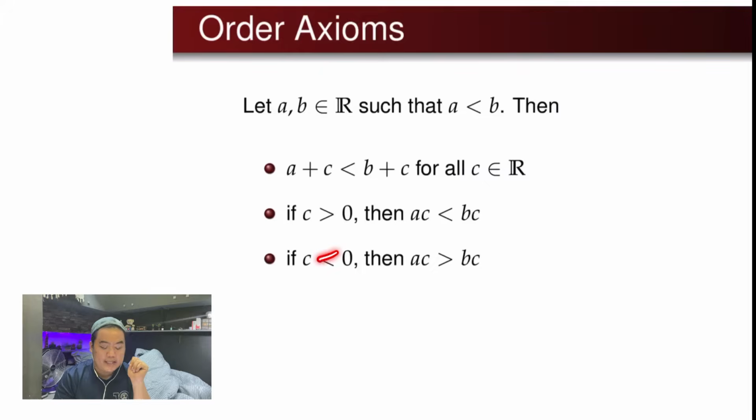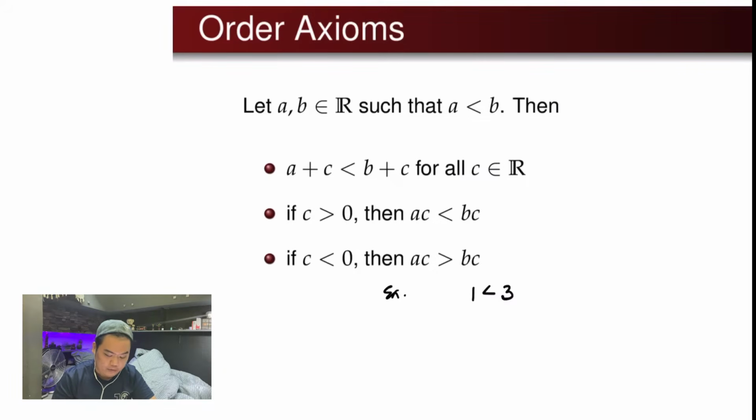So, dito yung medyo magkakaiba. If C is negative, and you multiply both sides by that number C, mababaliktad yung inequality symbol mo. Ibig sabihin, ganun din pag-divide. Pag nag-divide ka both sides by a negative number, isi-switch nyo yung inequality. Malinaw ba yan? So, example, 1 is less than 3.